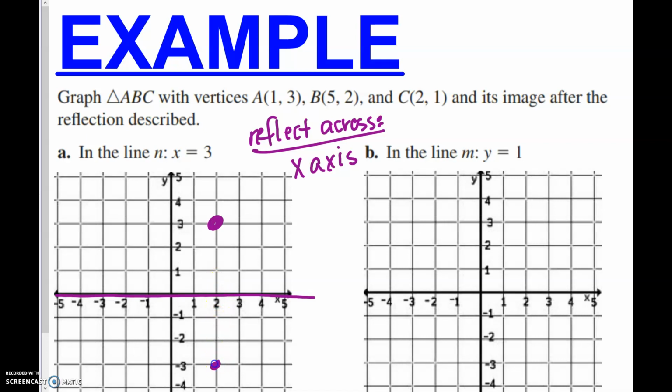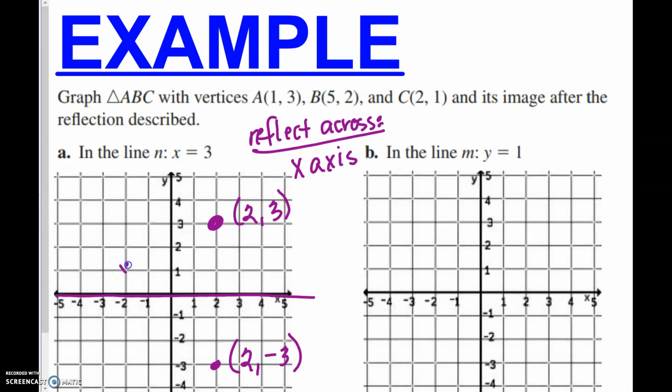So what does this new point become? So it was, the pre-image is 2, 3. What does it become when we go across the x-axis? Well, it still stays x. And now what happens to the y is it becomes negative. So would that happen for every single point?